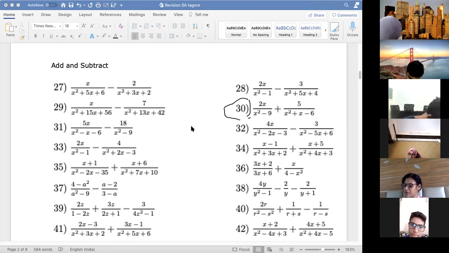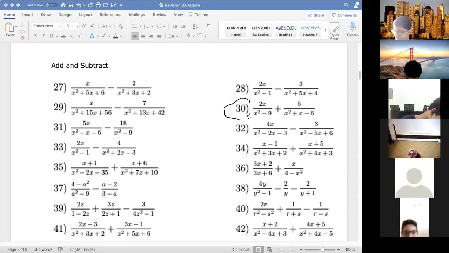Anyone has got the answer, numerator? I have got the answer.